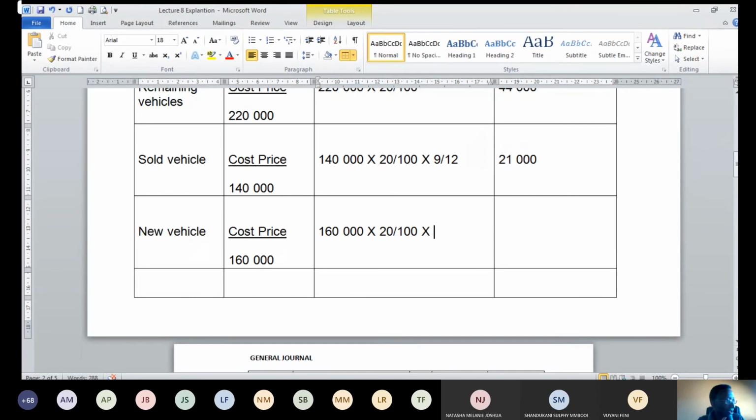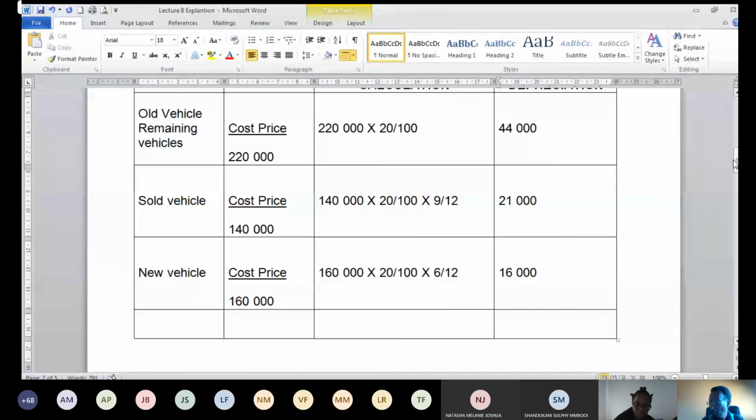The vehicle was purchased on the 1st of July, and we had this vehicle only for 6 months from the 1st of July onwards, and that will give you a depreciation expense of 16,000 rand. 160,000 rand at 20% per annum for a period of 6 months will give you depreciation of 16,000.